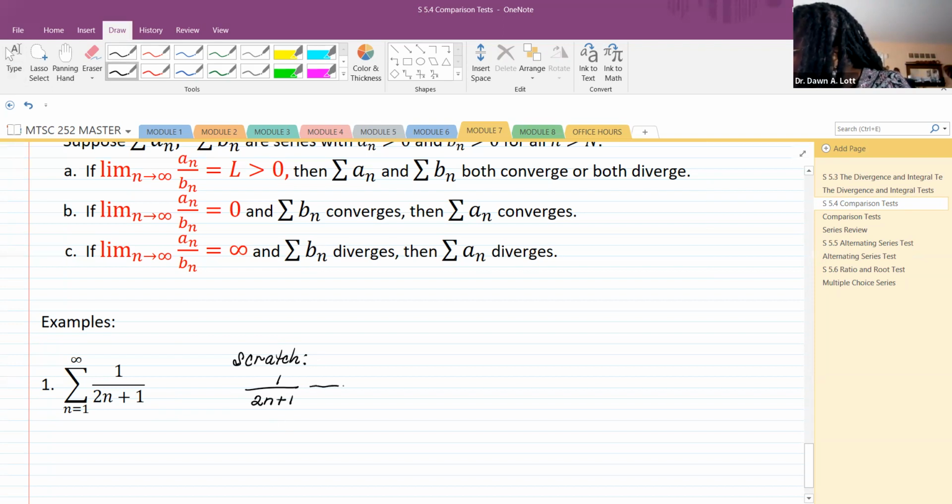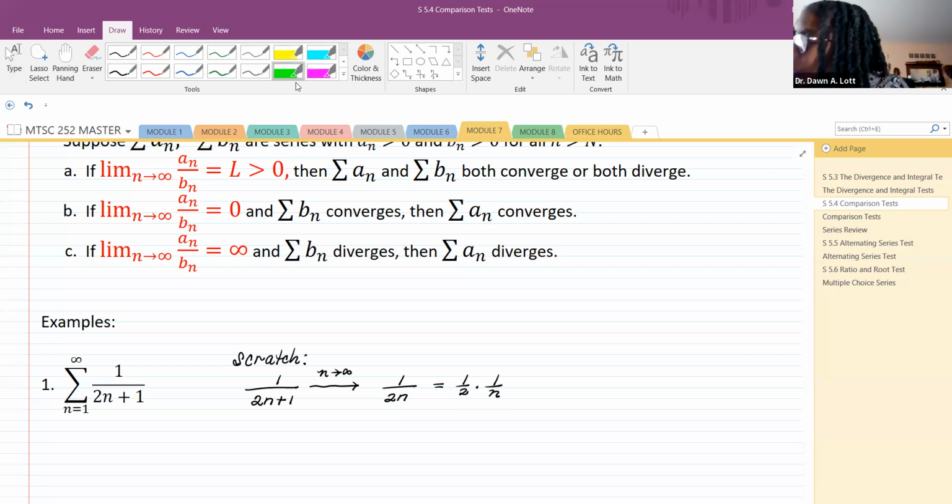And as n goes to infinity, that 1 is not as important. So it looks like 1 over 2n. Okay, so it kind of looks like that, but that kind of looks like 1/2 times 1 over n.